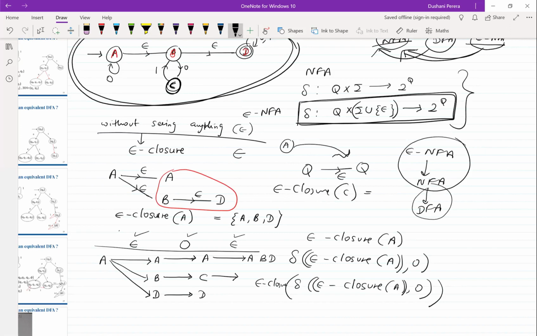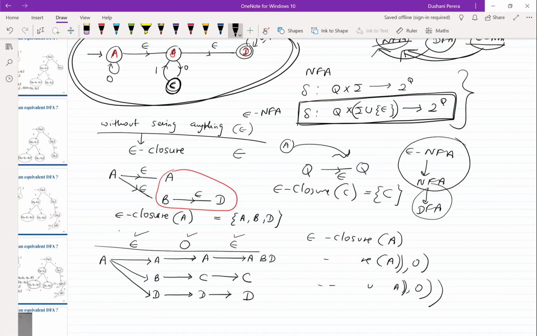Upon seeing nothing, C can only go to C. There is nothing else; no null transitions are defined for it, so it can only reach itself. So it's only C there. D is the same as C: it can also only go to itself. So this is D.